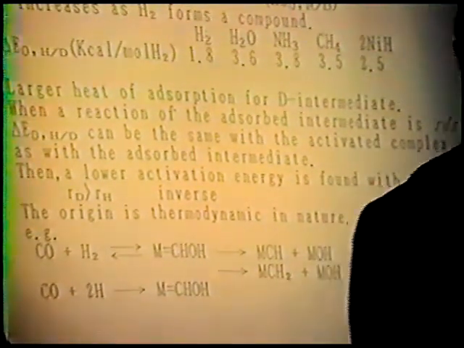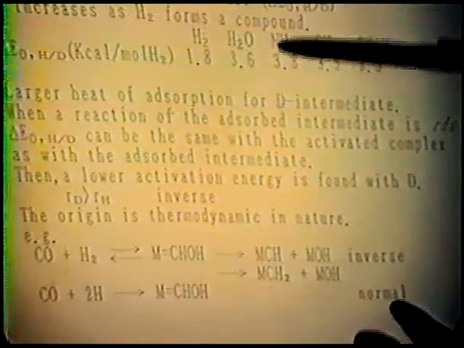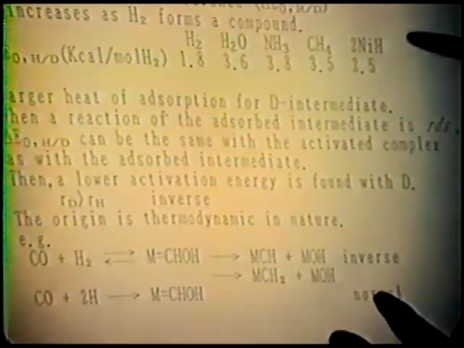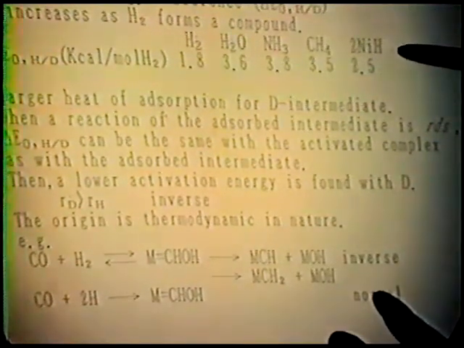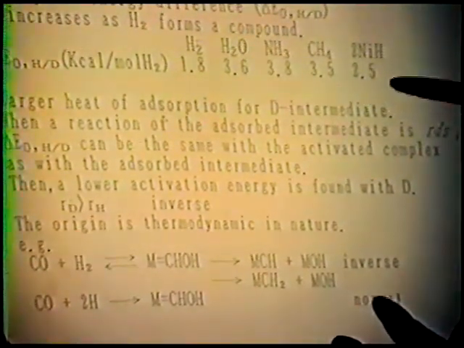For instance, in the case of hydrogen, 1.8 kilocalorie per mole of hydrogen is increased to 3.6 kilocalorie for H2O, 3.8 for ammonia, 3.5 for methane, and in the case of chemisorbed hydrogen atom, this is estimated to be 2.5 kilocalorie per mole of hydrogen.